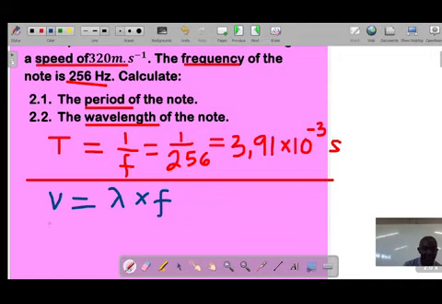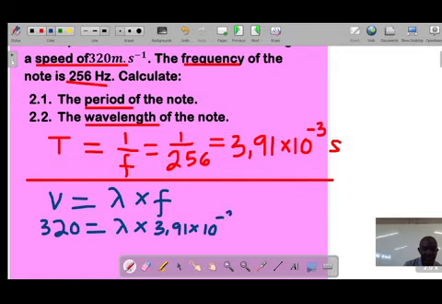I'm going to say 320 equals lambda multiplied by the frequency, which is 3.91 times 10 to the power negative 3. Now talk to me, how do I get my lambda from here?